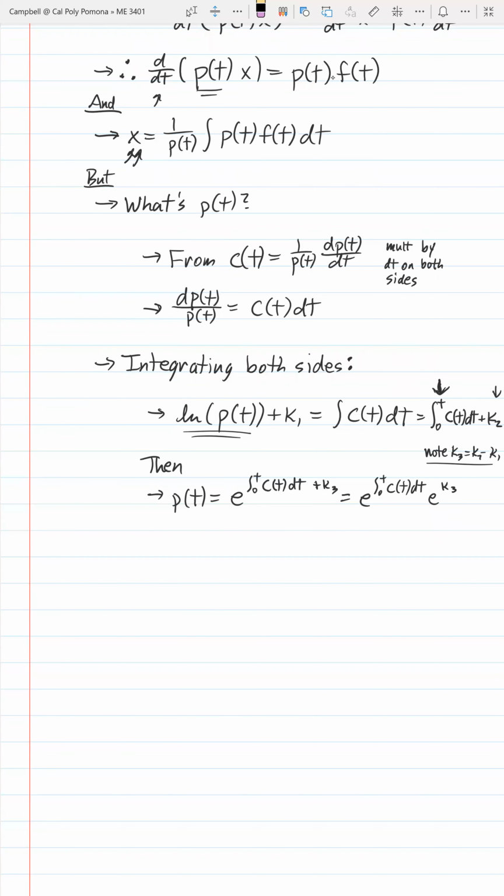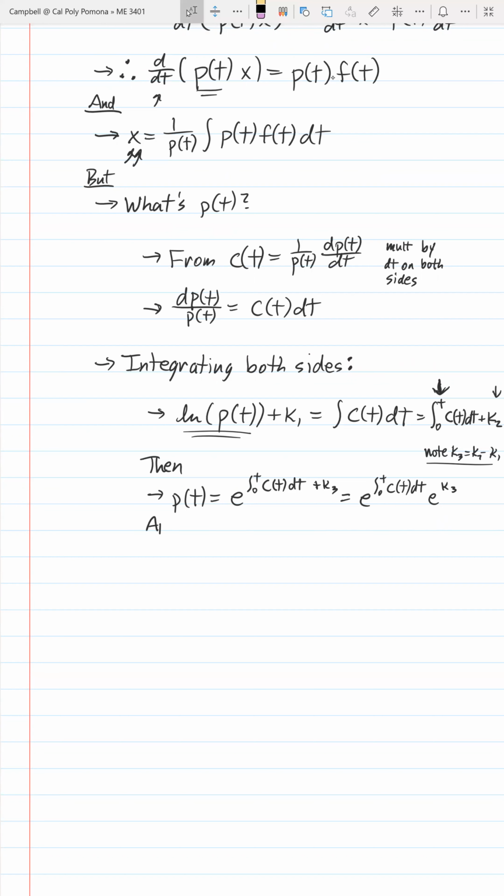K3 is what? K3 is a constant. Taking a constant and raising it to another constant gives me what? A constant. So we can then say, and this is what I like to call, and I hope you have fun with it like I do in this class, but we run into this all the time, this is what I like to call our constant nightmare, because, yeah, never mind, you get it.